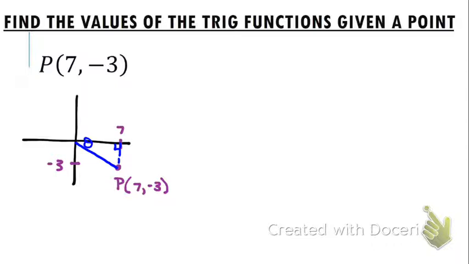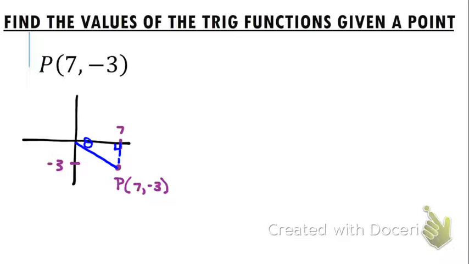Is this on my unit circle? Does it have a radius of 1? No. How big are those two sides? Way bigger than 1. And the hypotenuse is bigger than that. So I know this can't be on the unit circle. So we're going to have to find our radius here and use that.